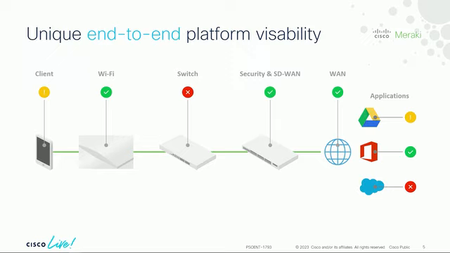The visibility from your end client device till your MX, which is the edge device from the Meraki solution, is available through the Meraki dashboard. But once it leaves the edge device and goes out to the cloud in the wild, it is difficult for IT and network administrators to understand what is happening and take control over it, because this is beyond our control.